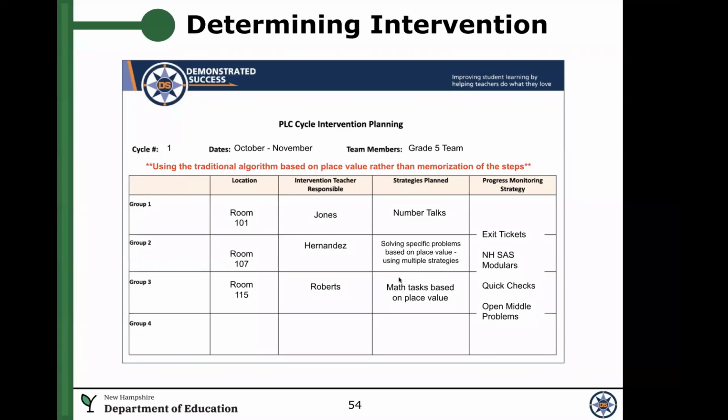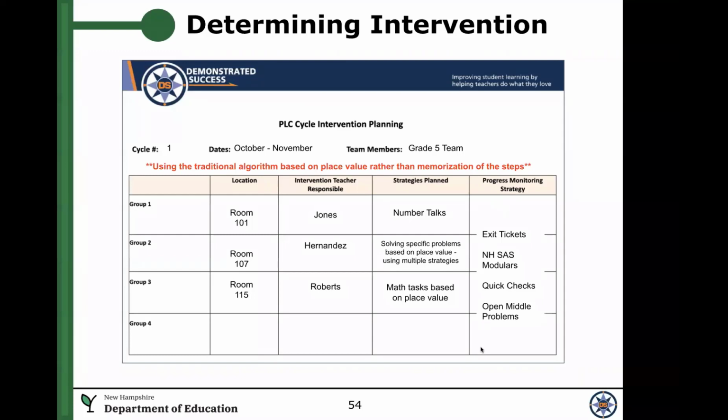And maybe my last group is going to be doing actual math tasks that are based on place value. So now they've got the tasks I've created, they could be working in small groups. They could be working with a partner, and they're trying to figure out how to solve those tasks. It's a little bit more elevated than the last group.